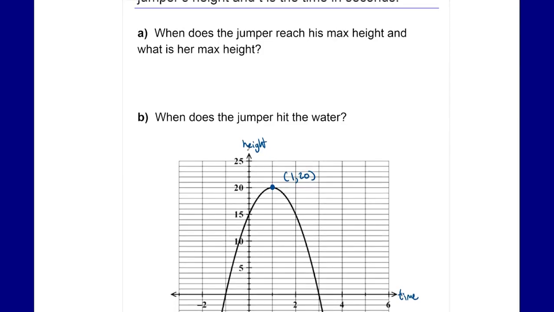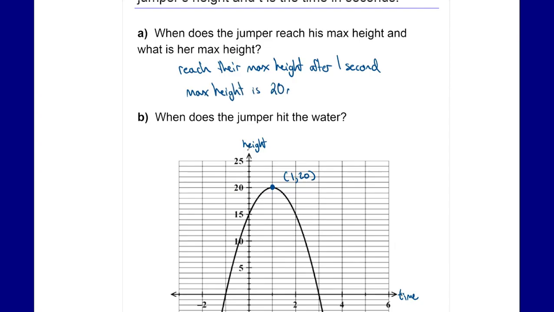So they reach their max height after 1 second, and their max height is 20 meters.